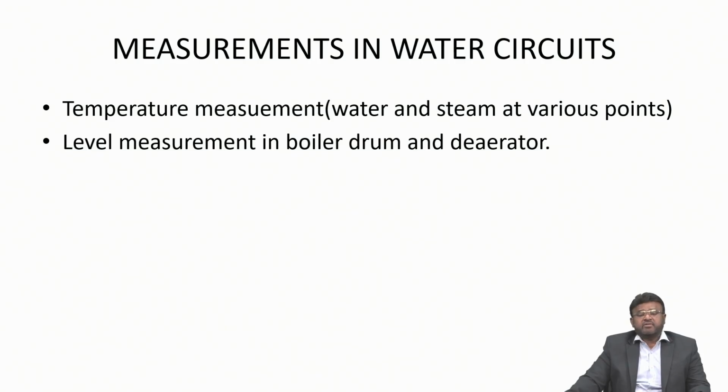Another measurement associated with this boiler instrumentation is temperature measurement. This is also for water as well as steam at different points within the boiler or thermal power plant. Level also plays an important role in the boiler drum and the deaerator.